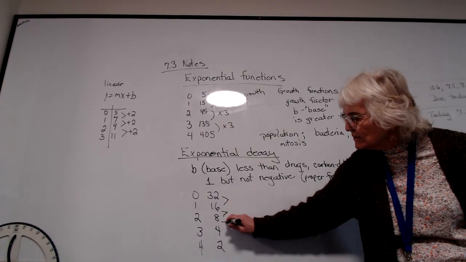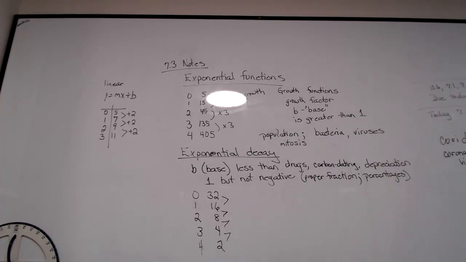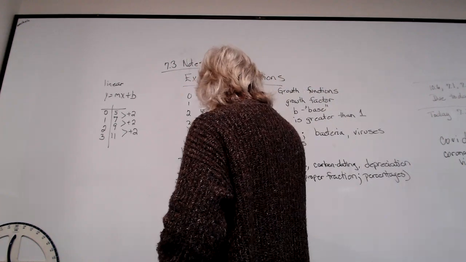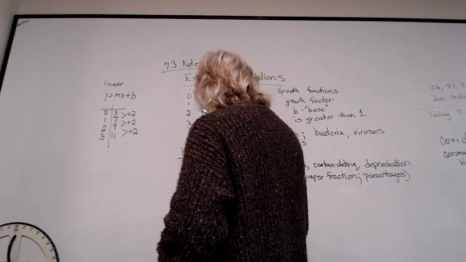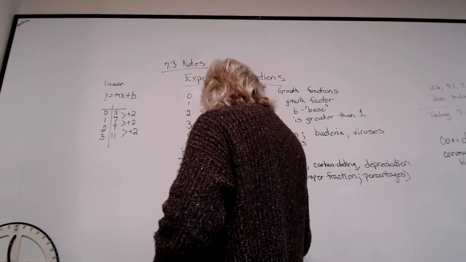What am I multiplying by? Dividing. I'm dividing by what? 2. Well, what is the same thing as dividing by 2? Multiplying by 1/2. So if you divide by 2, you're really multiplying by 1/2, because it's going down by 1/2 each time.